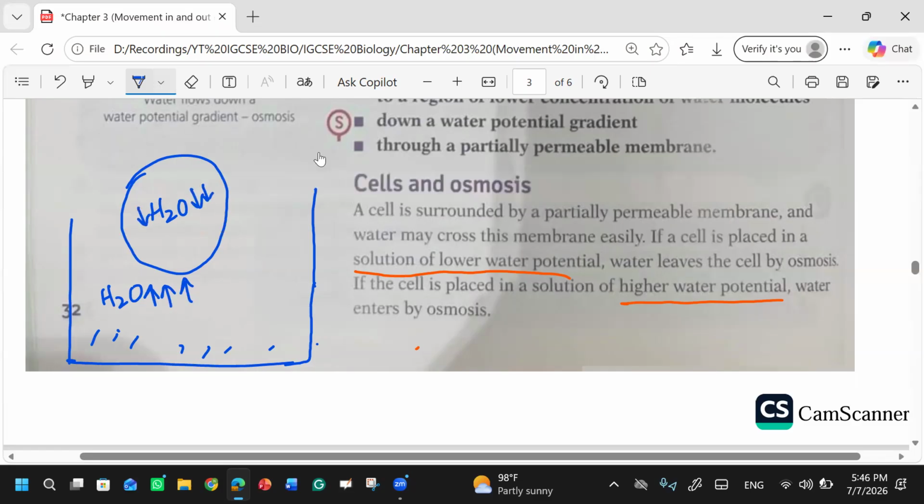Now, can you tell me what will be the direction? Inside the cell there is less water, and in the solution there is more water, then the water particles will move from the solution to the cell. Okay, and this process will continue until the equilibrium is reached. Clear?